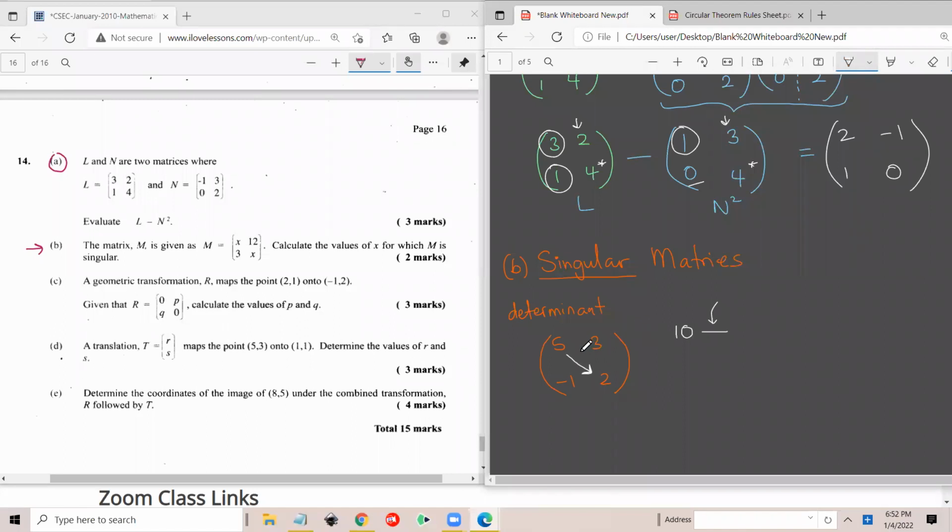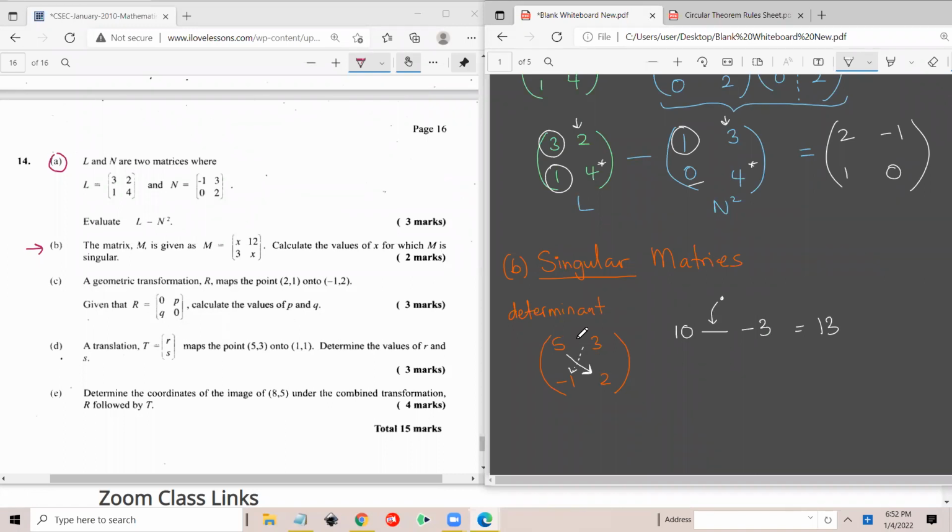And then you multiply the other diagonal. 3 multiplied by minus 2 just so happens to give us minus 6. So according to this, two minus signs are touching, so you get a positive. So you end up with 10 plus 6, which is 16. You just have to always remember to put this minus sign after the first multiplication.